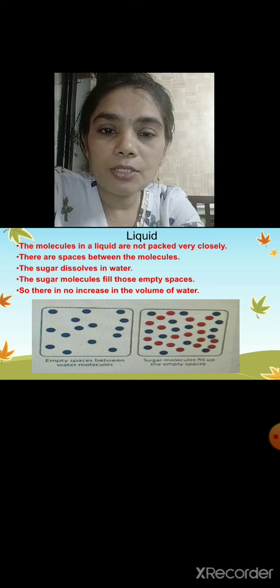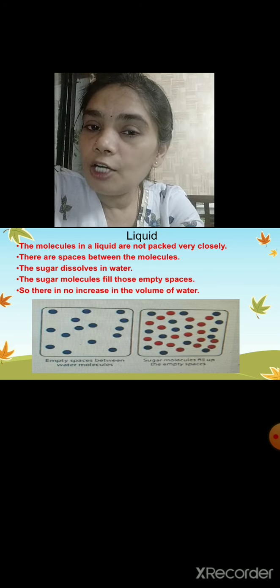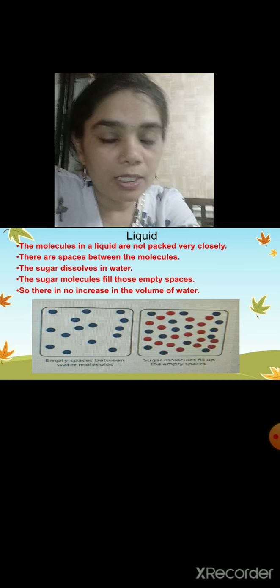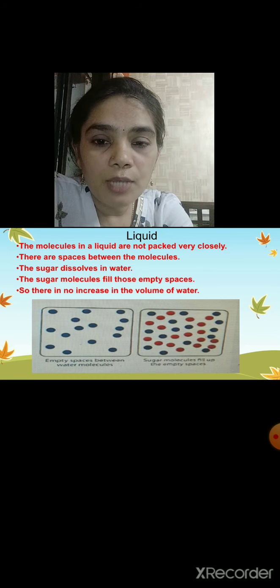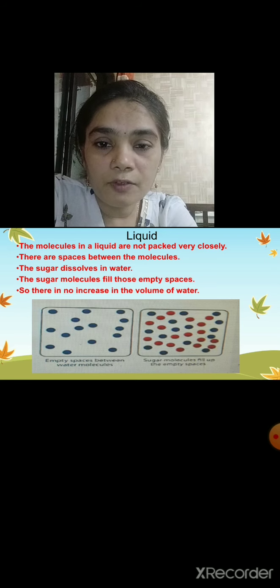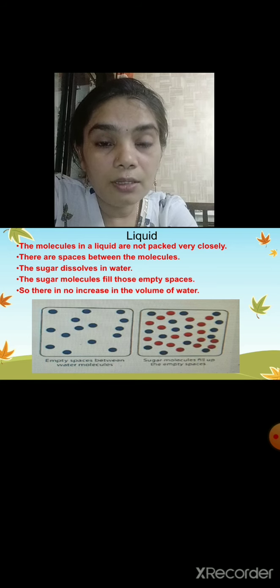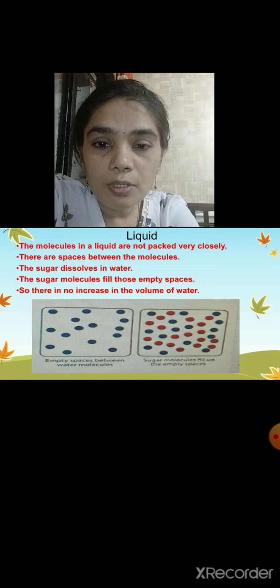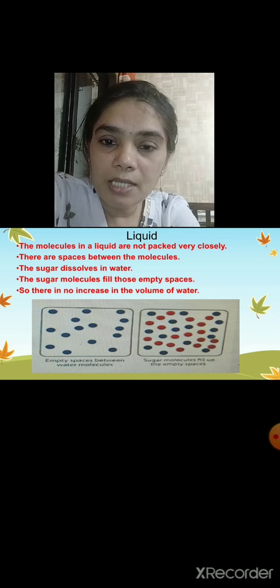are packed very loosely. That is, the molecules are not packed very closely. So you can see in the first picture the molecules have a lot of spaces in between them. So when we add the sugar in this liquid, the sugar dissolves in water and the sugar molecules fill those empty spaces.